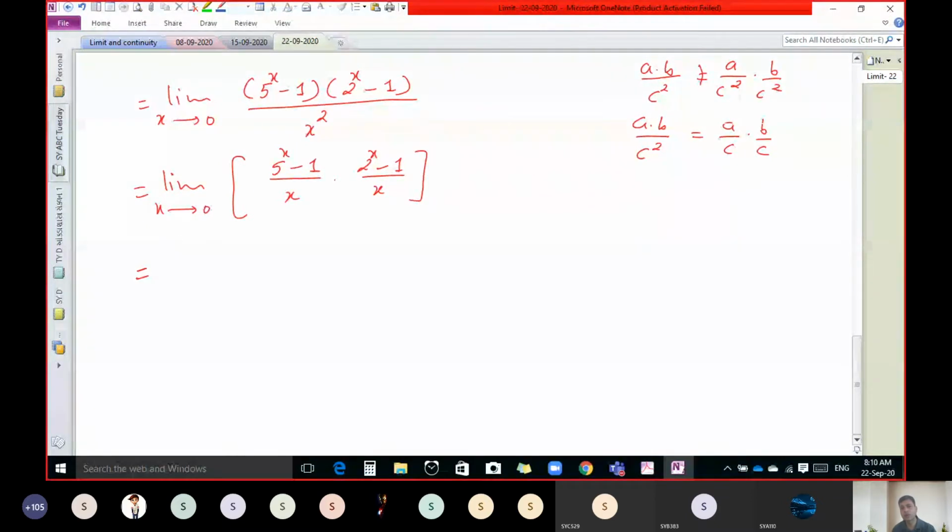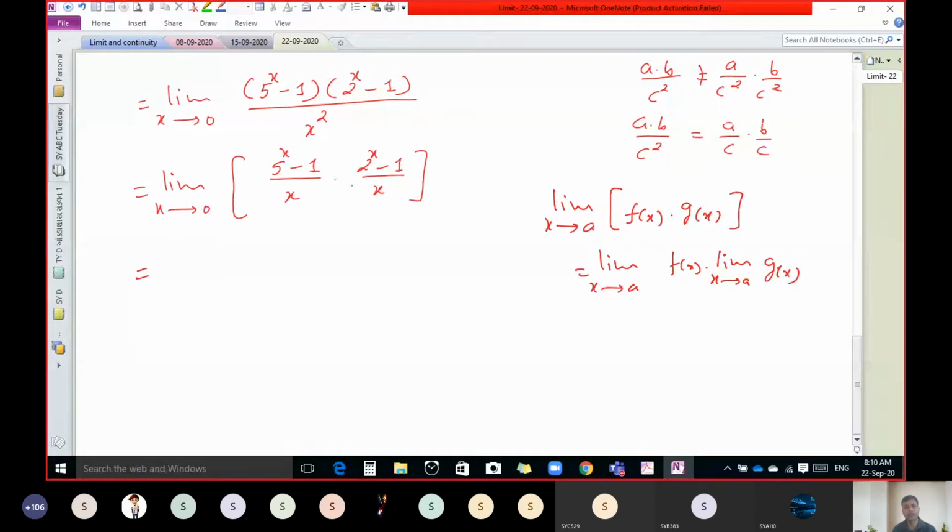There is a rule of limit. Limit x tends to anything, f of x into g of x, you can write this as limit x tends to a f of x into limit x tends to a g of x. So you just have to take a separate limit for both the terms.